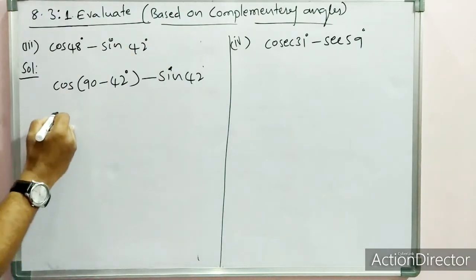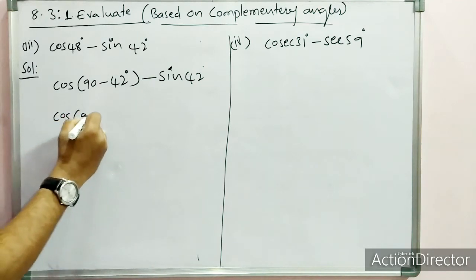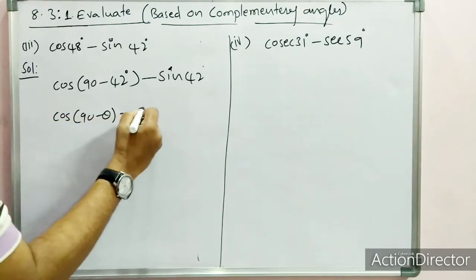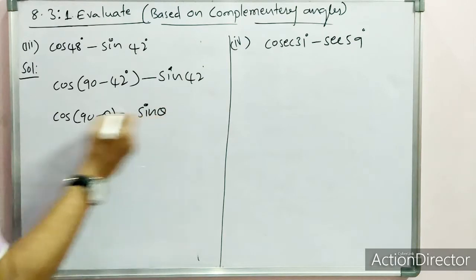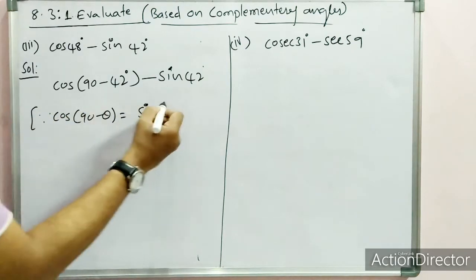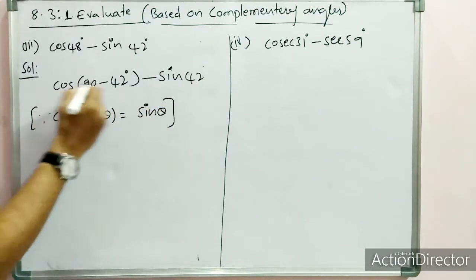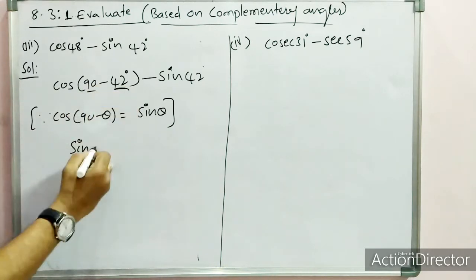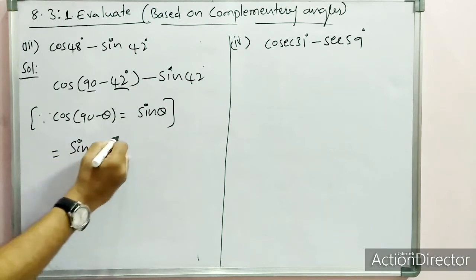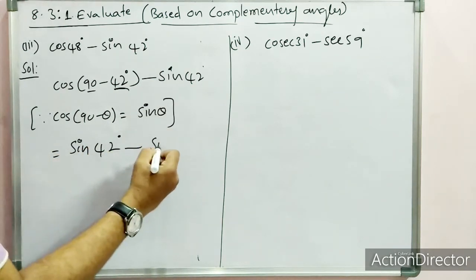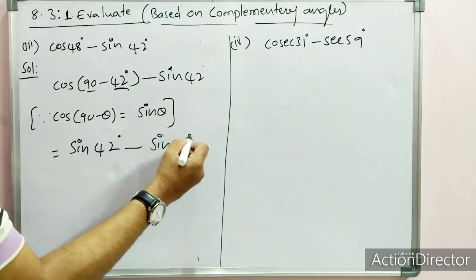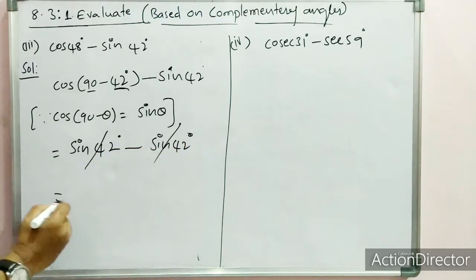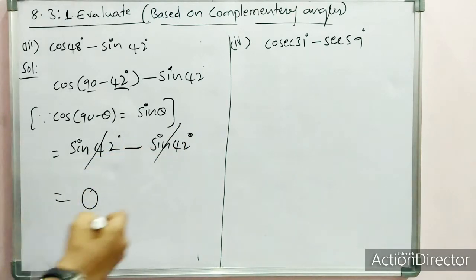Now we have a formula, cos 90 minus theta is sin theta. So this is the complementary formula. Now I can write this as sin 42, and here also we have sin 42. Now both get cancelled, the answer will become 0.